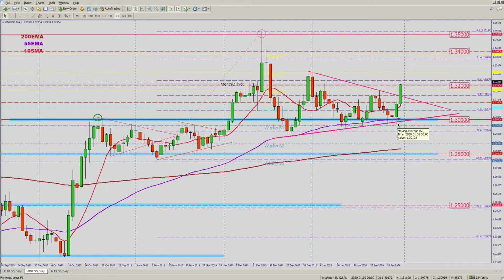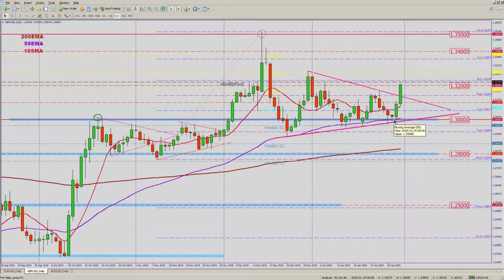And since then it has bounced on Thursday on the back of the Bank of England leaving rates unchanged, but with their voting members staying the same, no increase in those wanting to cut rates, so it remained at 0, 2, and 7, and it did not increase to 0, 3, 6.